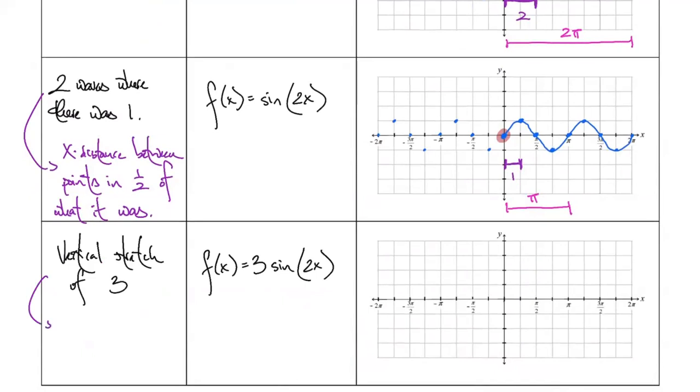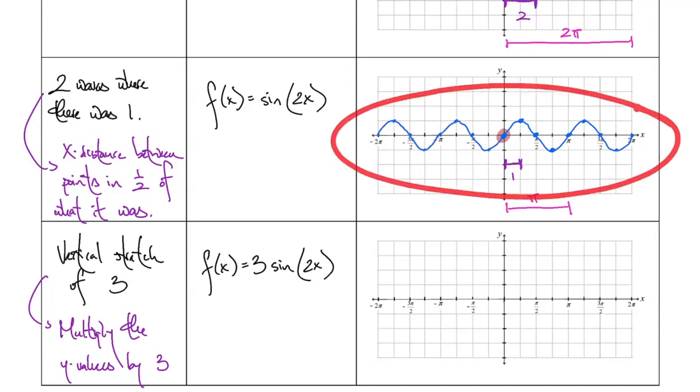That means that we're going to multiply y values by 3. So let's use this graph, and we're literally going to take every y value on the graph and multiply it by 3.